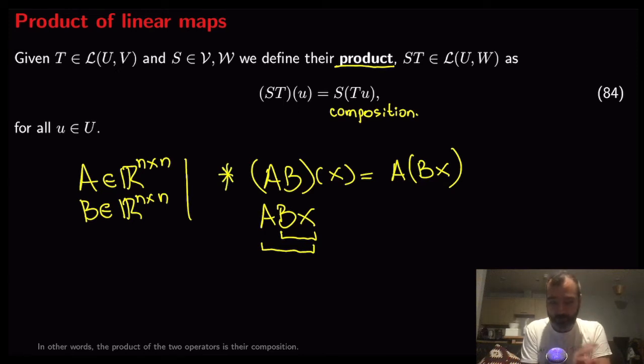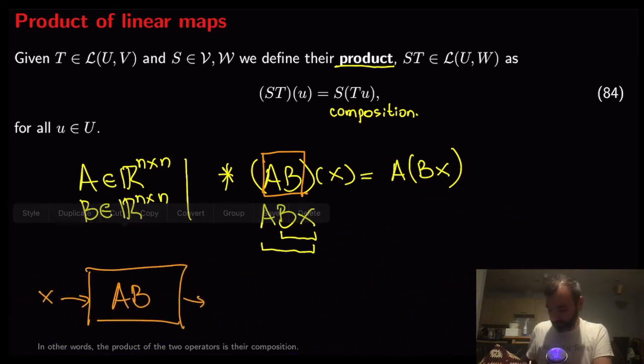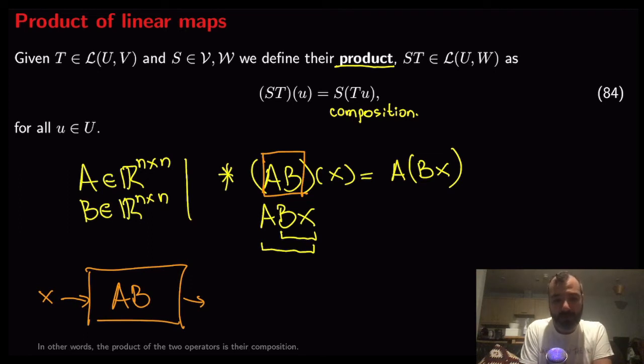AB as a whole, as an entity, if AB were a device, a machine, that would take in x at the input, what would it do?